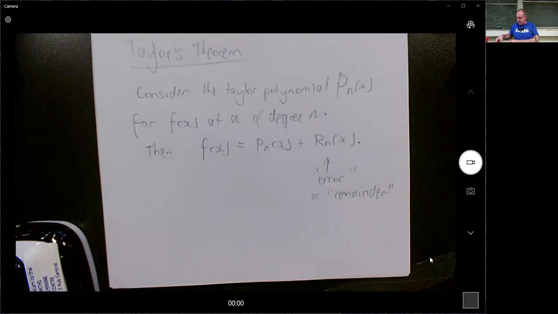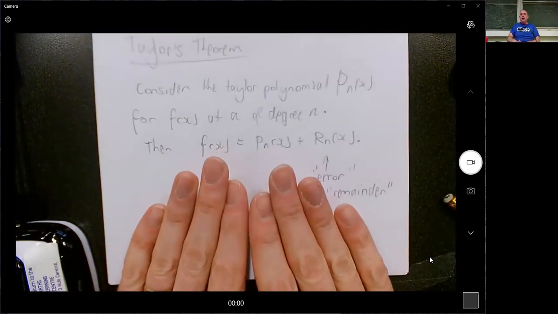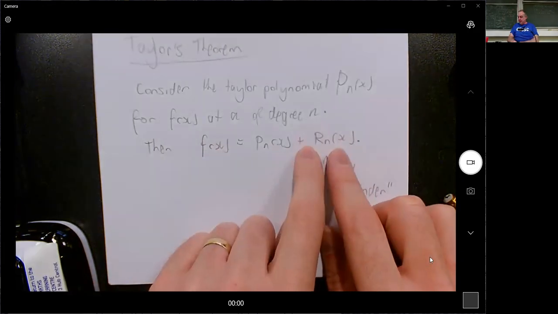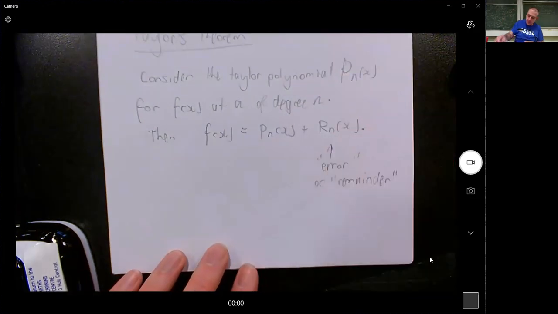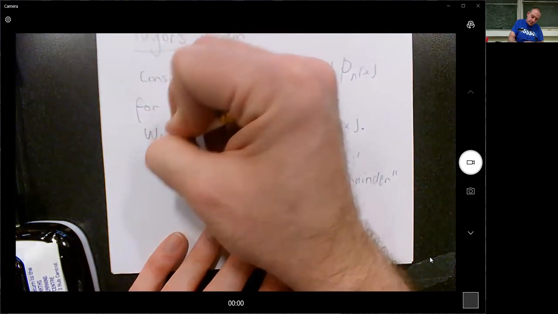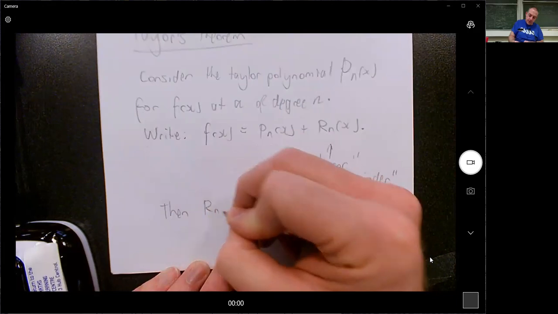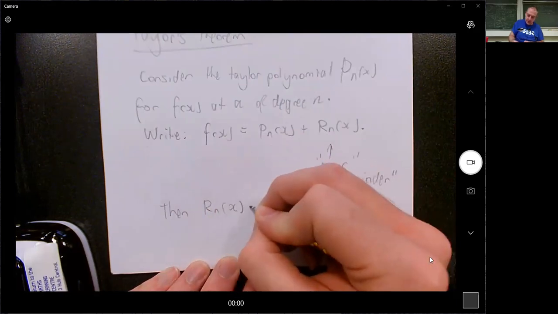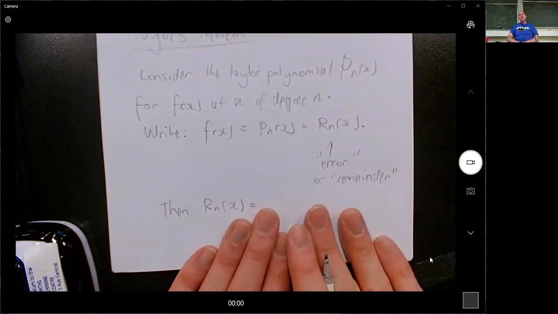Taylor's theorem says that whatever the actual answer is for the function and the Taylor polynomial, even if you don't know what either of those things is, you can estimate what this error is by doing this thing. So we're not going to have a then, I'm just going to say right. And then Rn(x) is a formula that will tell you what the remainder is.